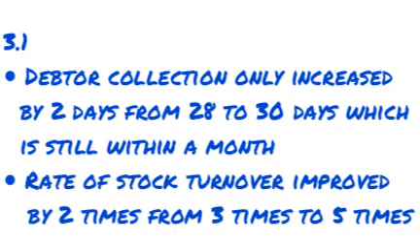So when I'm commenting in 3.1, I'm talking about my debtors collection. I said my debtors collection only increased by 2 days, from 28 to 30 days, which is still within a month. Why am I saying that? When it comes to debtors collection, the aim is to collect from our debtors within a month, meaning within 30 days.